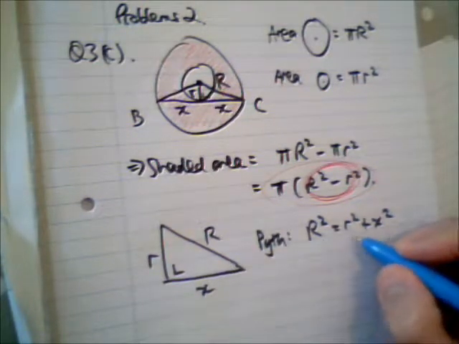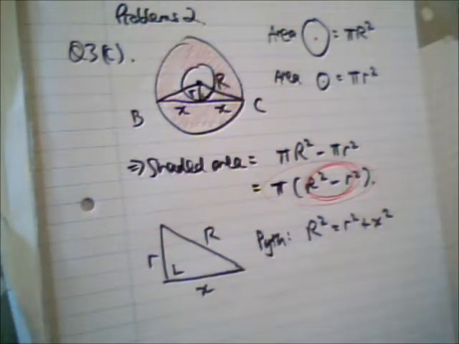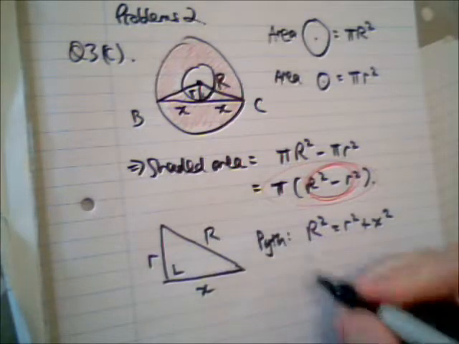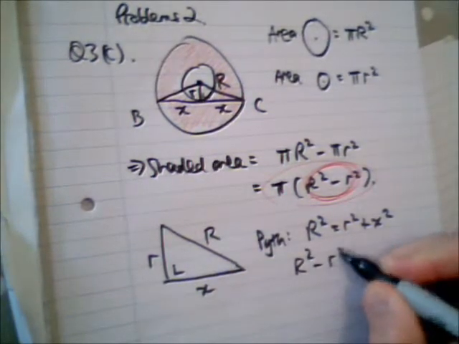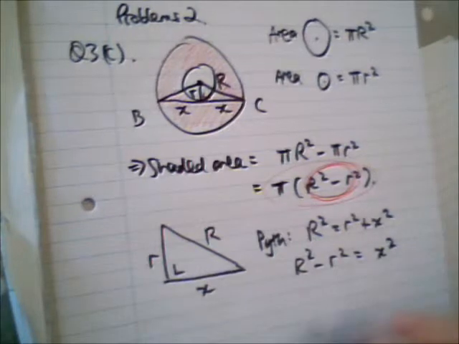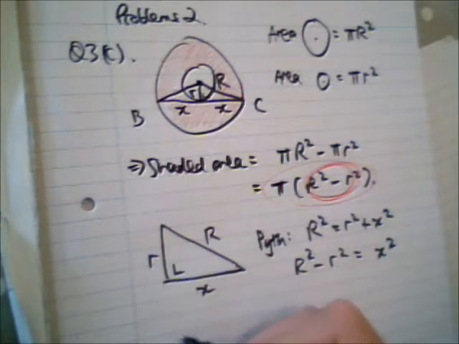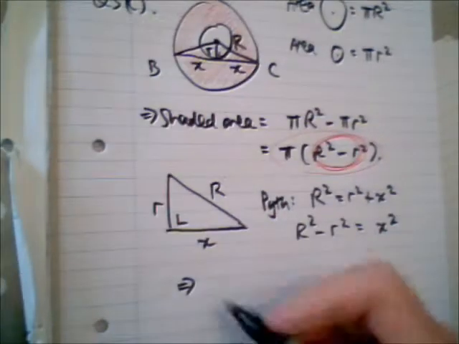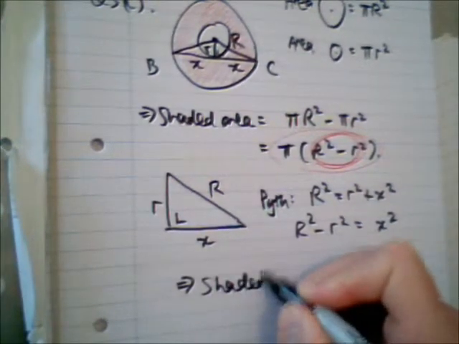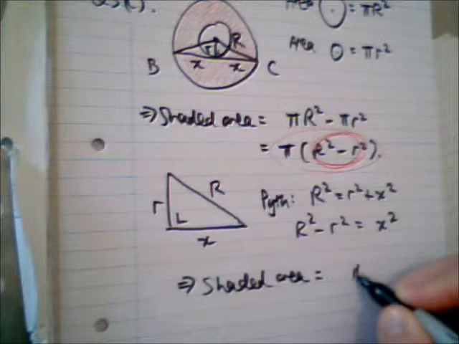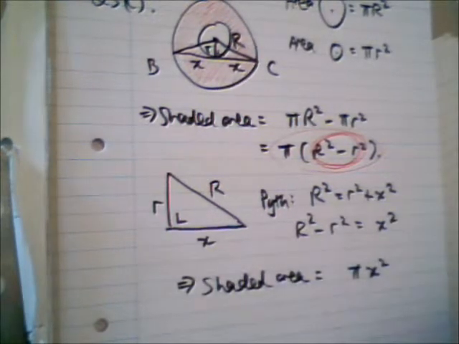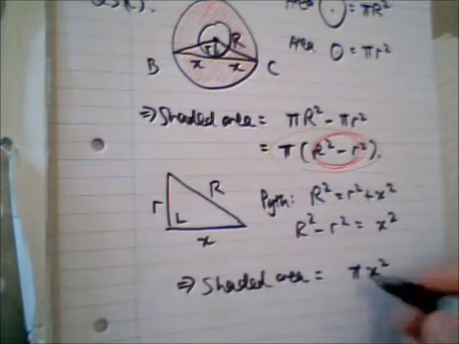We just minus little r squared from both sides, or bring that little r squared across, whatever way you want to think about it. Whatever way you think about it, big R squared minus little r squared is just x squared. So the shaded area, this works out very nicely, is pi by x squared. That's kind of surprising.